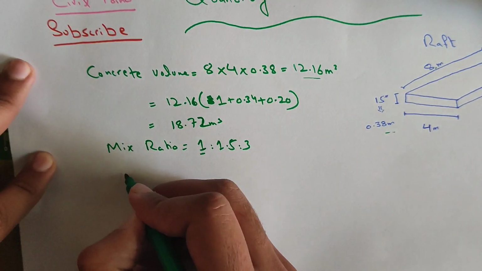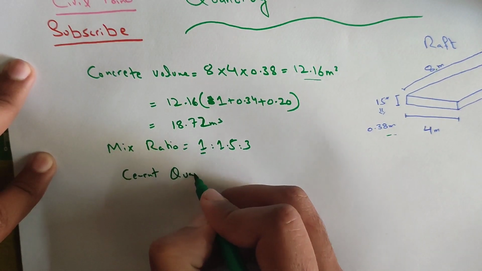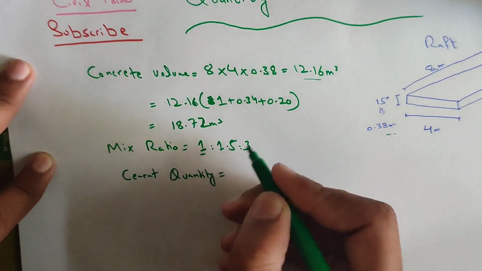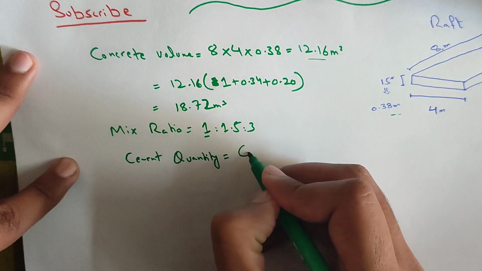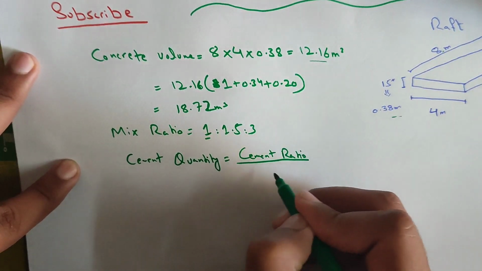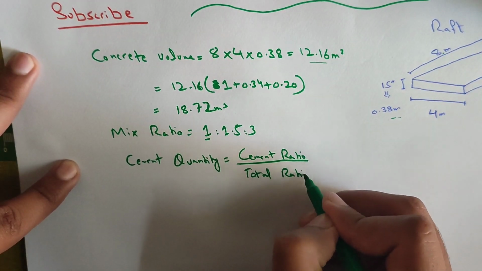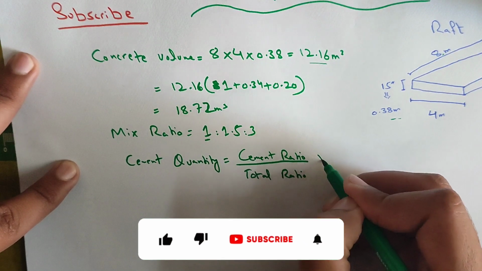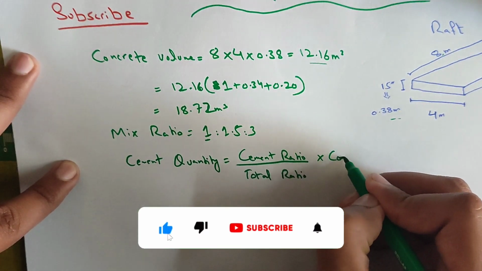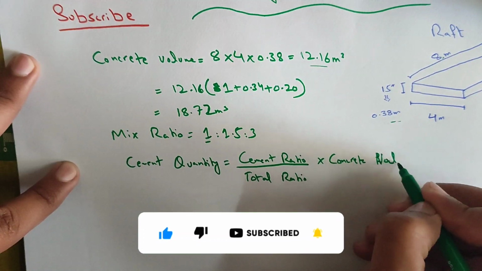So what is the formula of cement quantity? It is cement ratio divided by total ratio, total ratio will be the sum of all these three, multiplied by the concrete volume that we have already got.